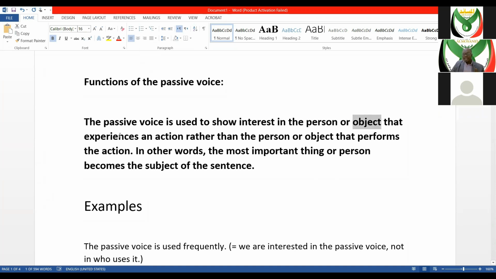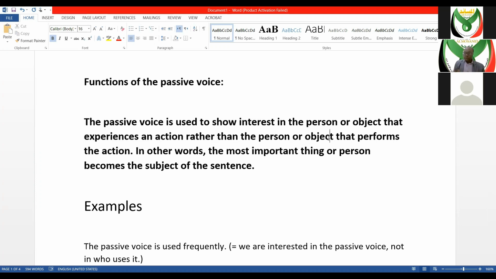Object that experiences هنا يعني شنو؟ الذي تلقى الشيء experiences an action. الشخص الذي أو الشيء الذي تلقى شنو؟ الأكشن، الحدث أو النشاط. We call it an action rather than بدلا من rather than the person or object that performs the action.